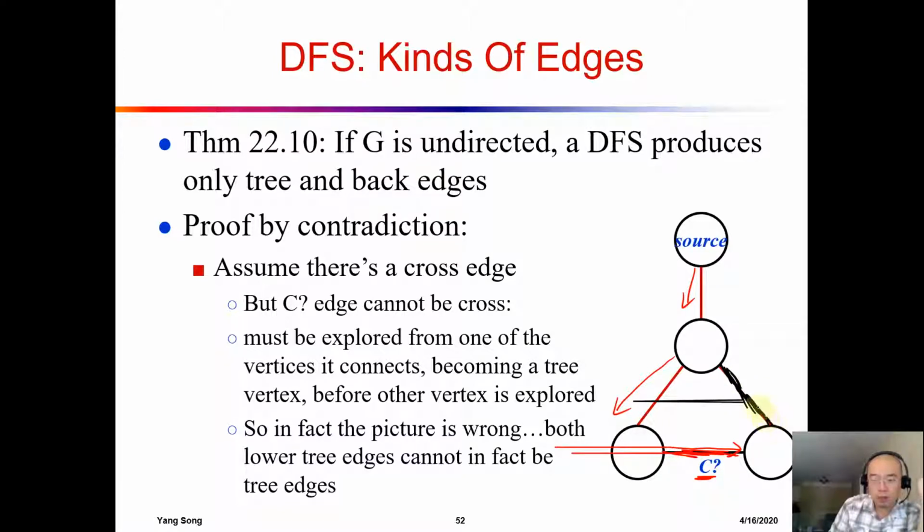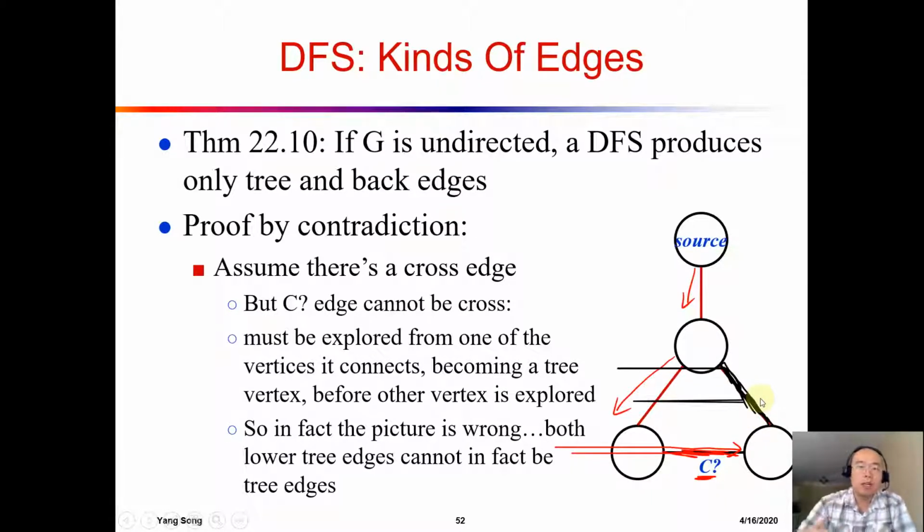It has to be a black edge. Okay, so this is the argument. The argument doesn't hold because, if we are running a depth first search, this edge has to be part of the tree edges, so it won't be a cross edge. And for this one, this is a back edge, and then there's no argument. It's not a cross edge, it's not a forward edge. It has to be a back edge.